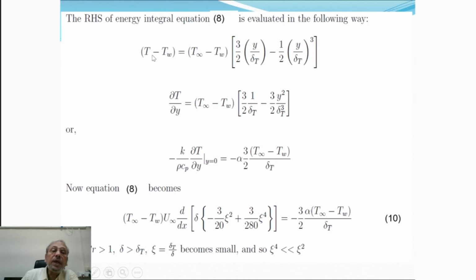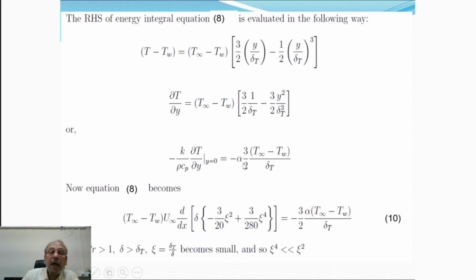Similarly, we write the full expression for T minus T infinity, which is (T infinity minus TW) into 3 by 2 multiplied by y by delta t minus half (y by delta t) cube. From here we find del T del y, and finally write the right hand side, minus k by rho cp del T del y at y equal to 0.